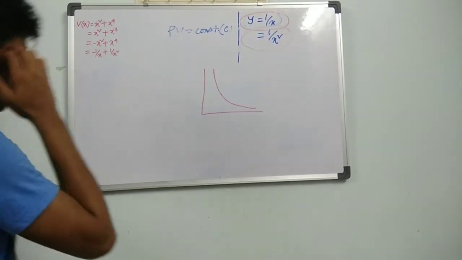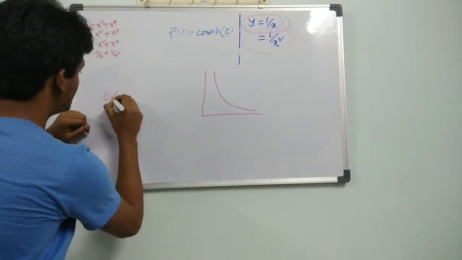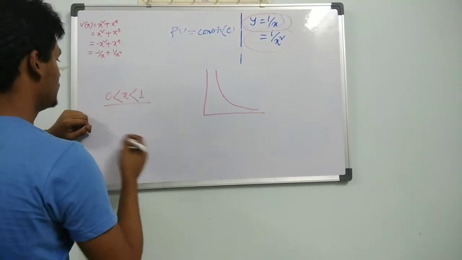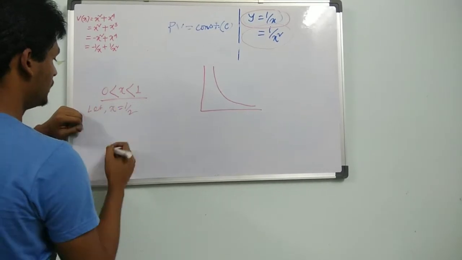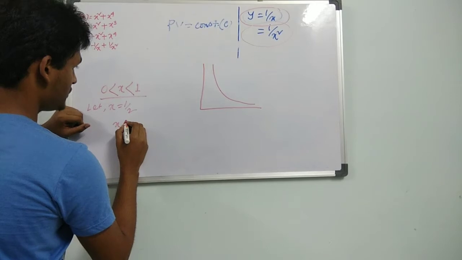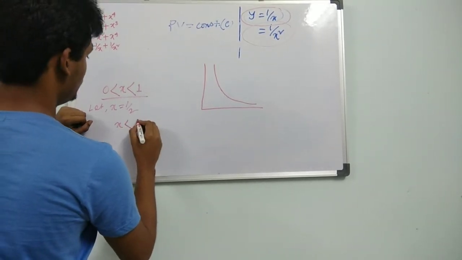So, other information: in this region 0 to 1, just take x equals half. Then in this region x is less than 1 by x.